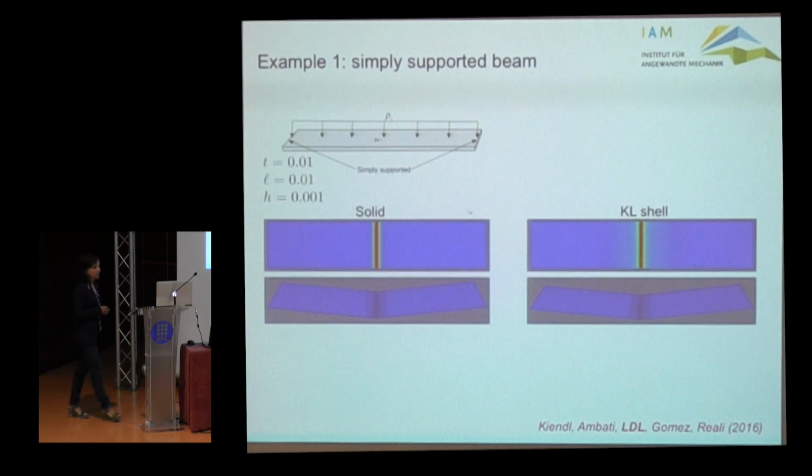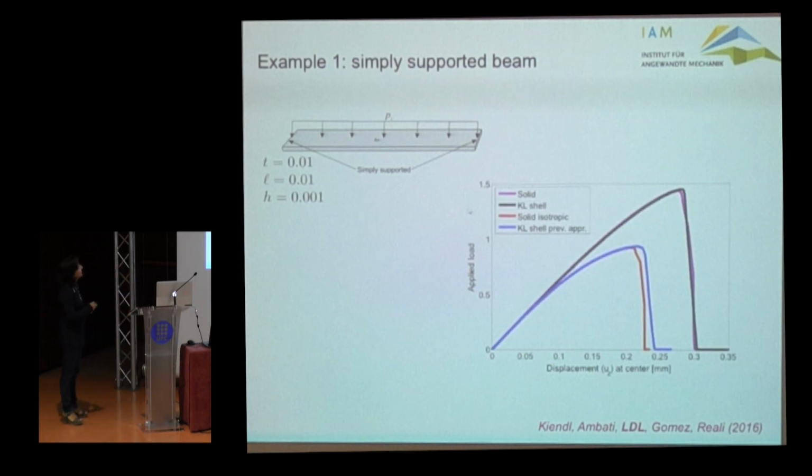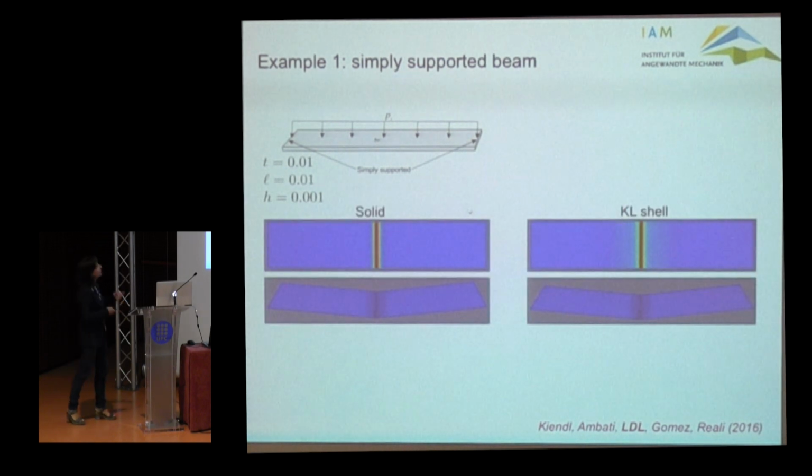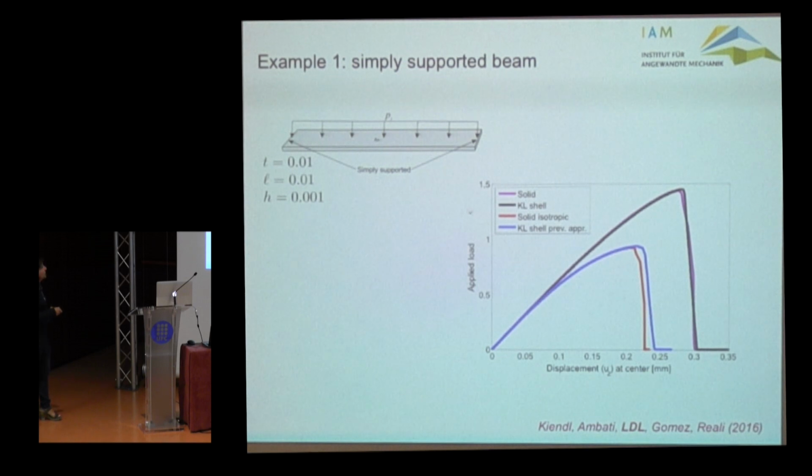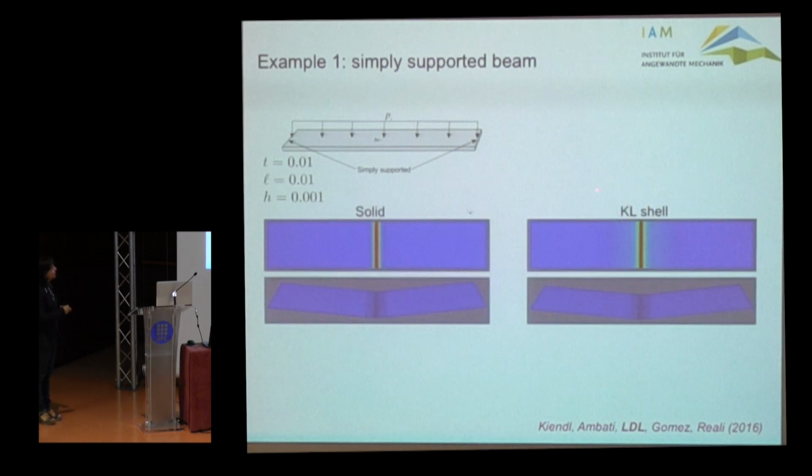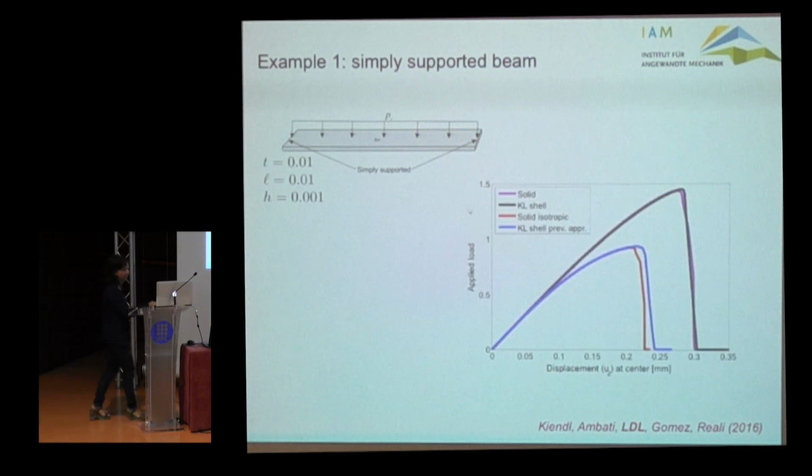With this, the results were pretty good. We compared KL shell results with solid shell results and also with solid results. And you see this is a simply supported beam where you have a pure bending situation, and results of the proposed formulation are in perfect agreement with results of the solid formulation.